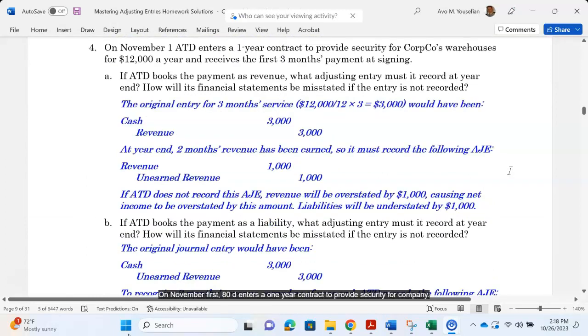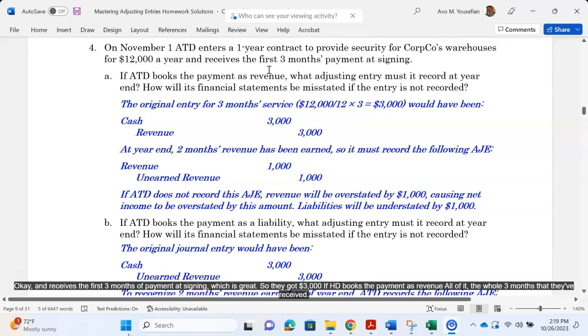On November 1st, ATD enters a 1-year contract to provide security for a corporate company. Okay, 1-year contract, $12,000 a year. $12,000 a year divided by 12 months. That's $1,000 a month. November and December are included.